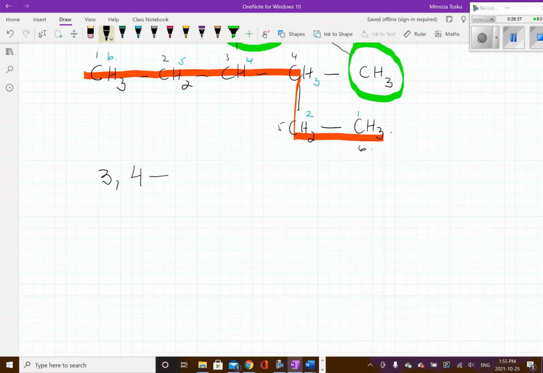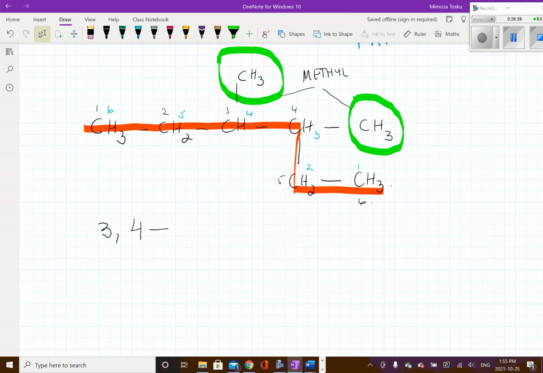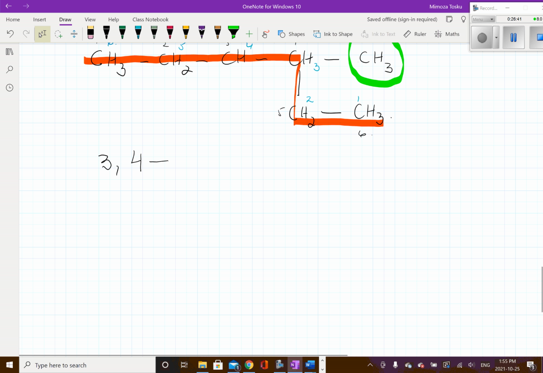Now we have two branches of the same kind. When we have 2 or 3 of the same, then we use di or tri to identify that, the same prefixes that we use in regular chemistry. So now we have di, 2, methyl.